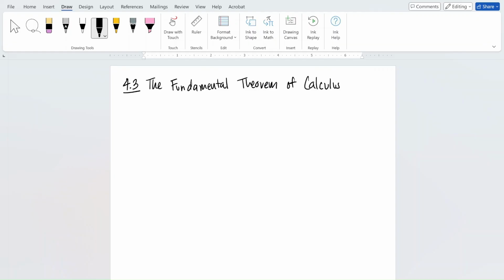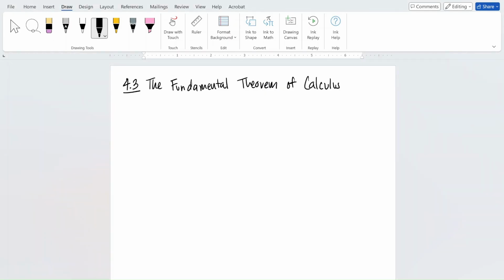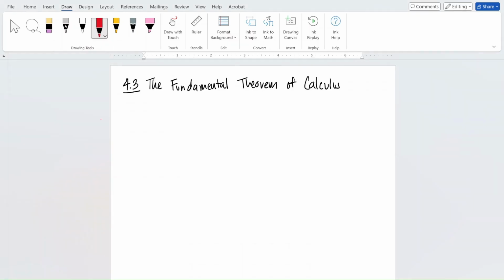And with that part 1, we have that there's going to be an equation defined using the following. So let me change color here. Fundamental theorem of calculus, part 1.